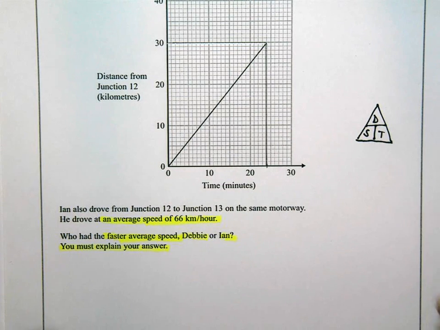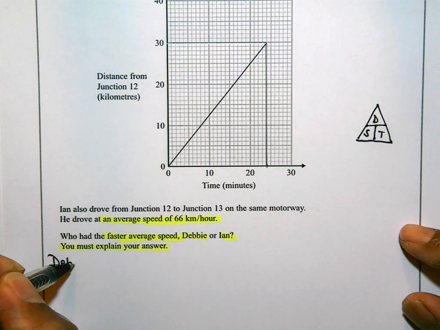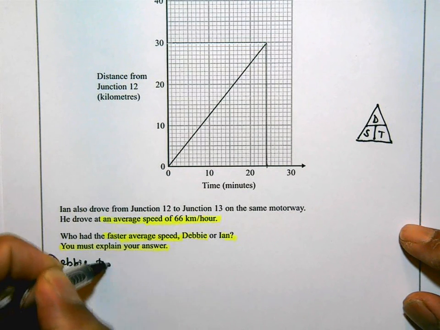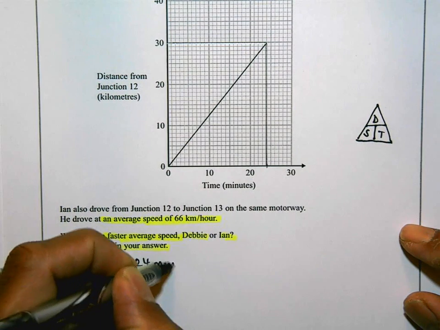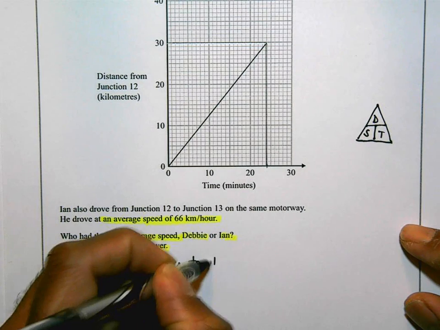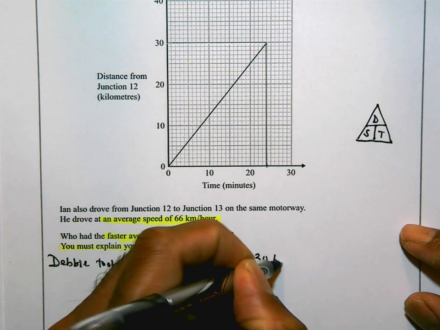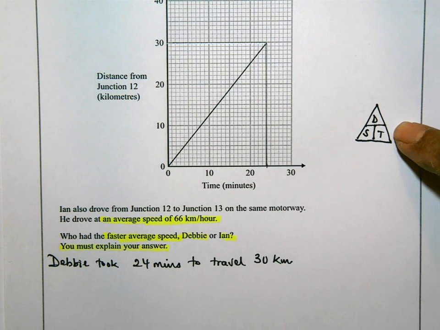So Debbie took 24 minutes to travel 30 kilometers.